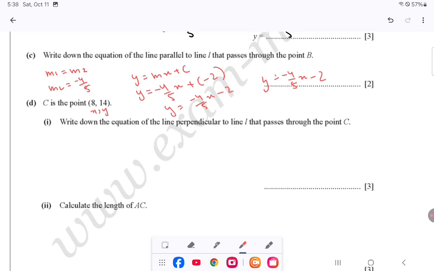For the slope perpendicular to the line, m perpendicular is equal to negative 1 over m1, and m1 is negative 4 over 5. So m perpendicular is negative 1 divided by negative 4 over 5, which is 5 over 4. Negative and negative cancel, so the perpendicular slope is 5 over 4.